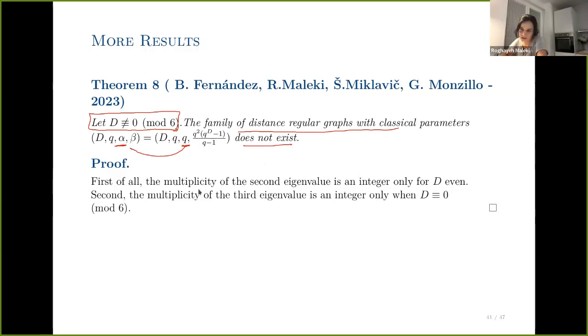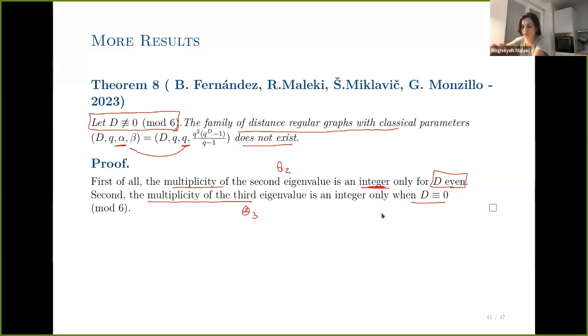And the reason is that, again, we checked and we noticed the multiplicity of theta 2, which is the second eigenvalue of the graph, is an integer only when D is even. So again, we have a restriction. And the second thing is that the multiplicity of the third eigenvalue is an integer when D is congruent to 0 mod 6. So that shows that this family in general does not exist.